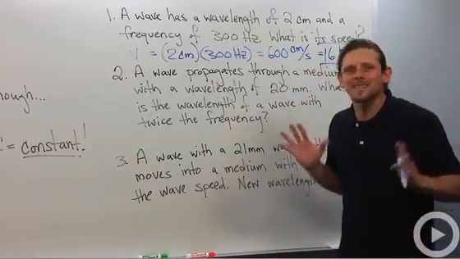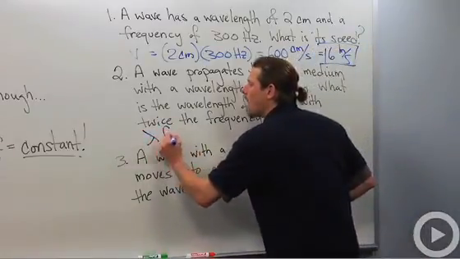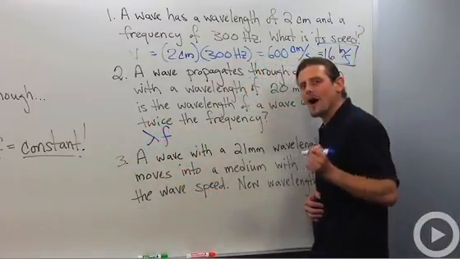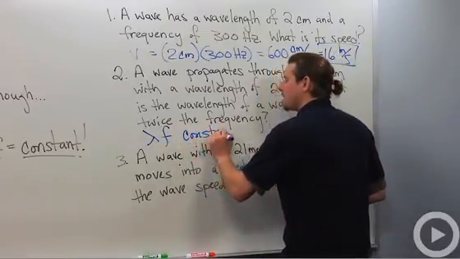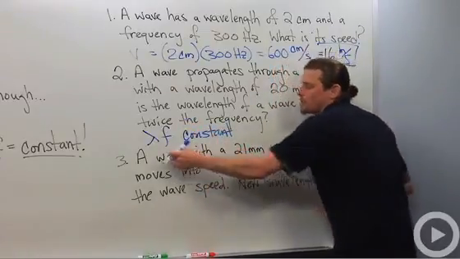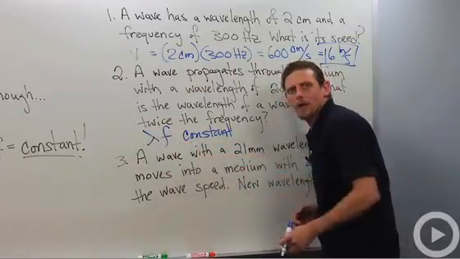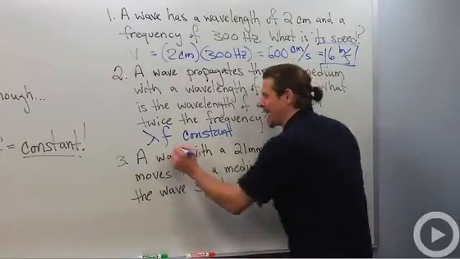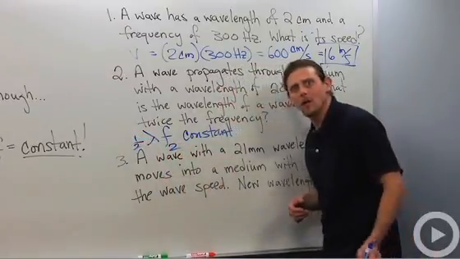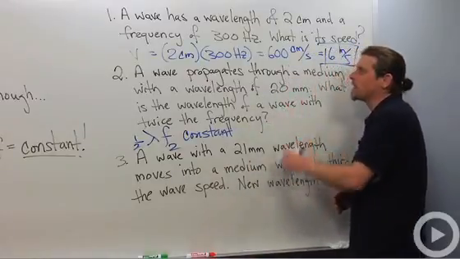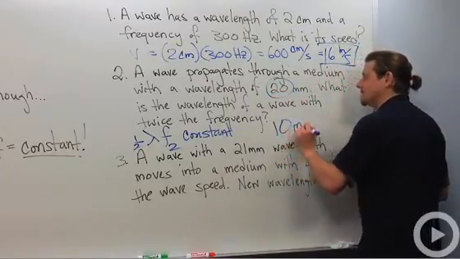But I don't need to, because I know that wavelength times frequency is constant. So, I'm multiplying the frequency by 2. What does that mean about the wavelength? Well, if the product's constant and I have a 2 here, I've got to have a half here. So I'm going to multiply the wavelength by a half, and a half of 20 is 10.